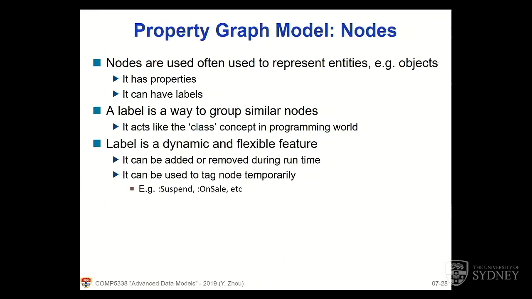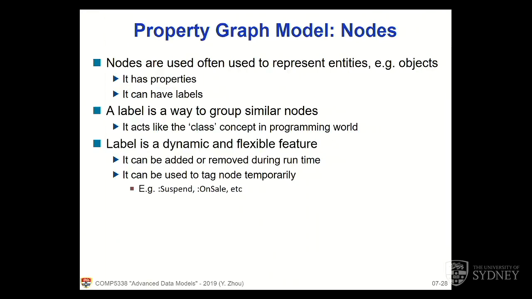Okay, so nodes are often used to model entities. It's pretty intuitive, like objects in the domain, and they have properties and labels. A label, as I said, can do similar things as a class. It's a way to group similar nodes, but it's much more lightweight, because you're not restricted to belong to a particular type of label.